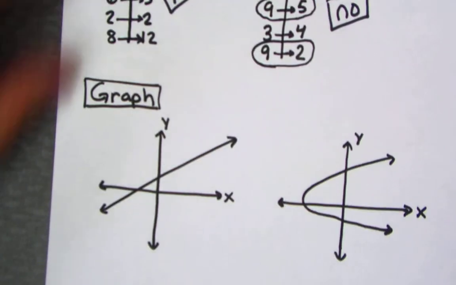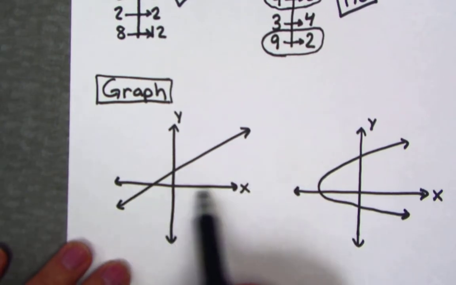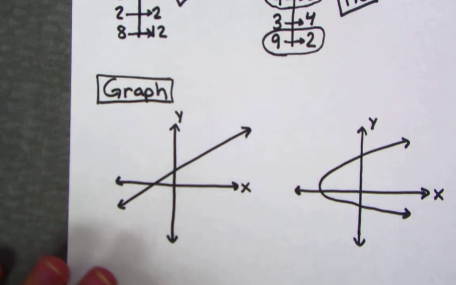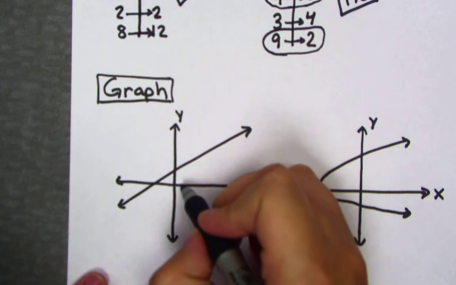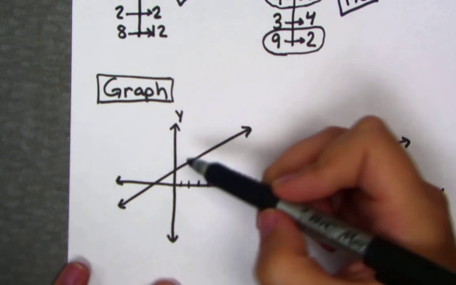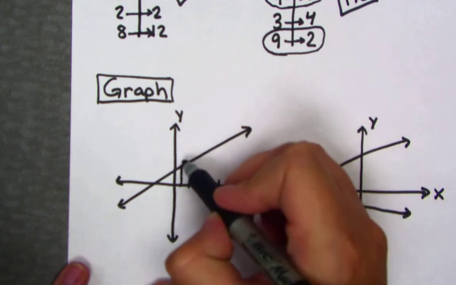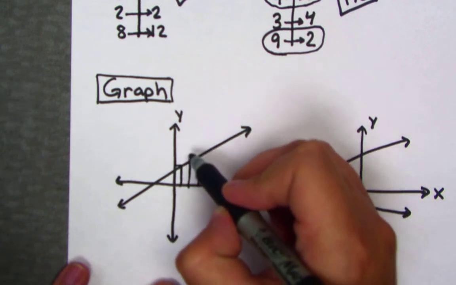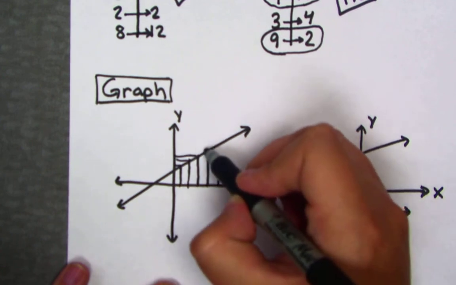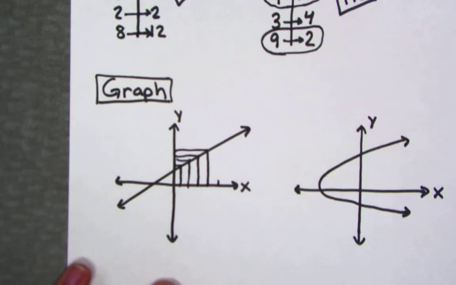Now let's look at a graph. The x-axis represents our independent variable. That's all of our inputs. So if we look at all these different values here, and we follow it up to our graph, we can see that each point on the graph represents a different output value for each input.